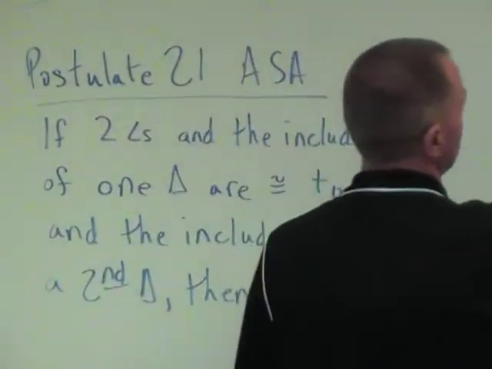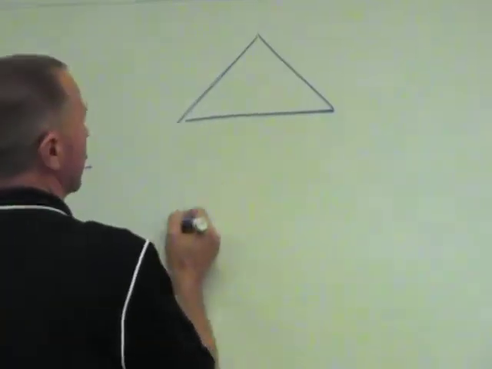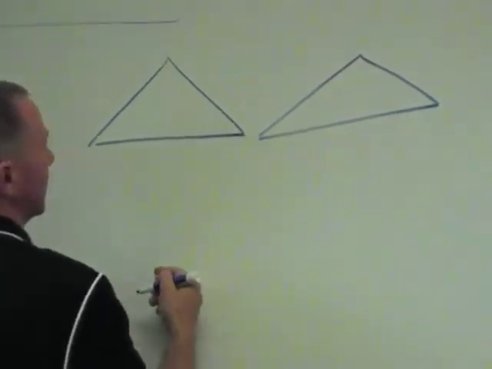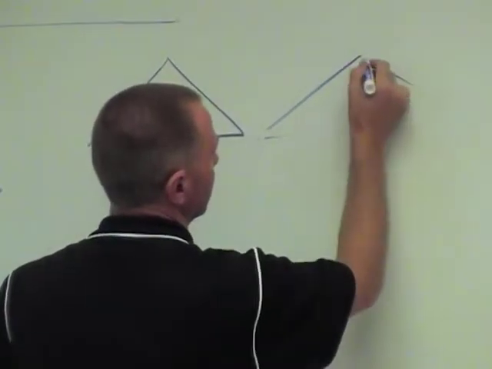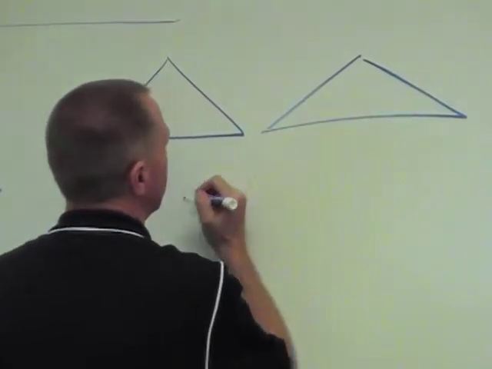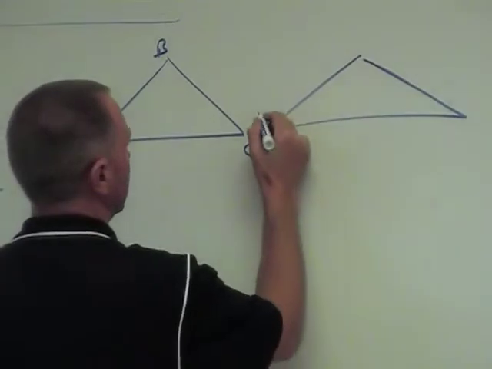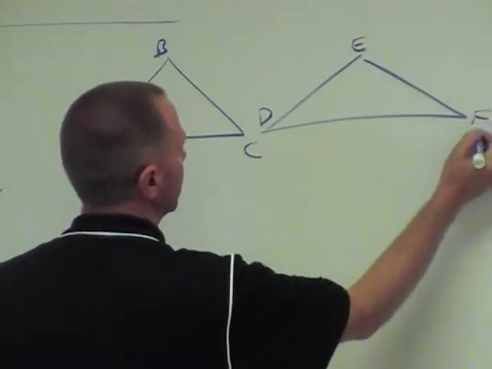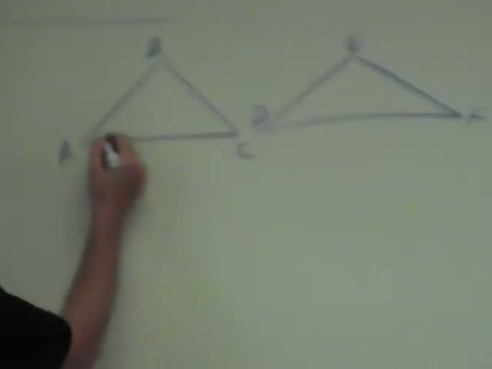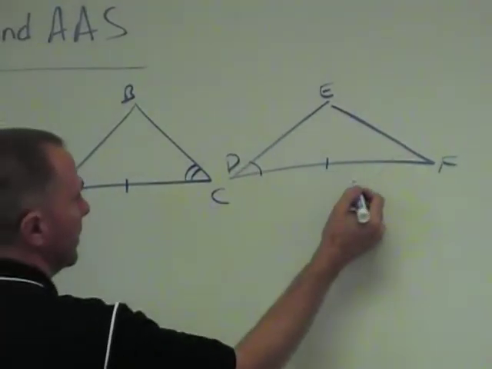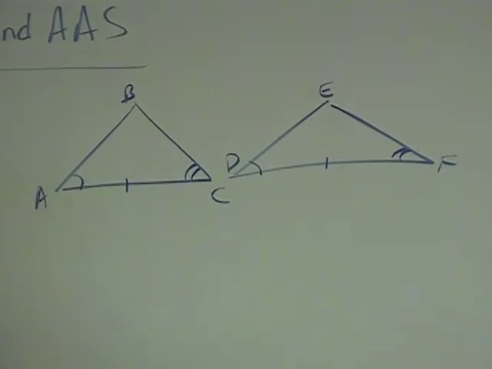So here, let's draw two generic triangles. No, close enough. They're congruent. A, B, C, D, G, E, F. So for angle side angle, if I said this angle, this side, and this angle are congruent to that angle, that side, and that angle, those two triangles would be congruent.